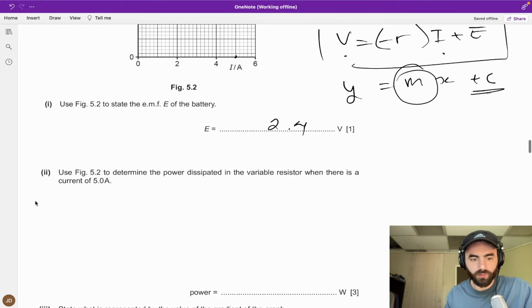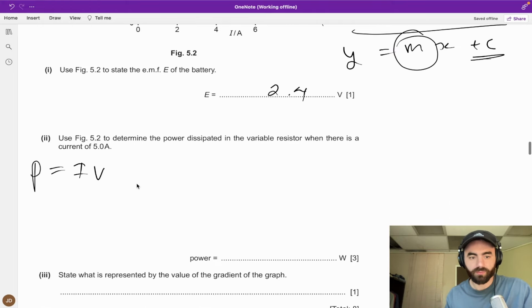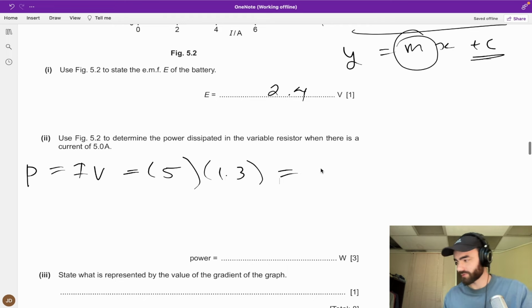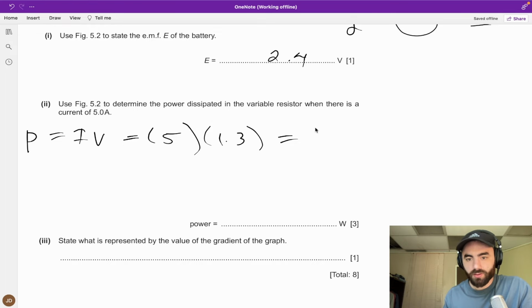So power equals IV. At 5 amps, we have 1.3 volts. It's just 5 times 1.3. I'm not quite sure why this is 3 marks, but there you go. 6.5 watts.